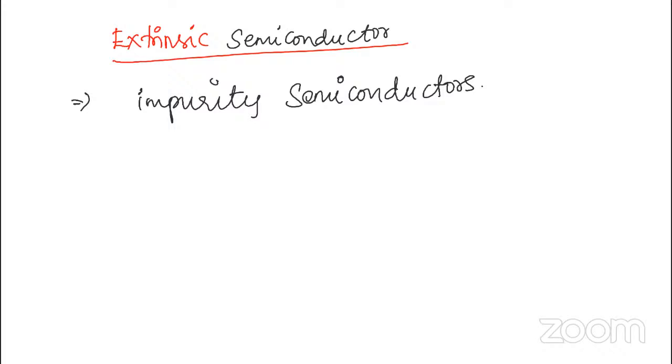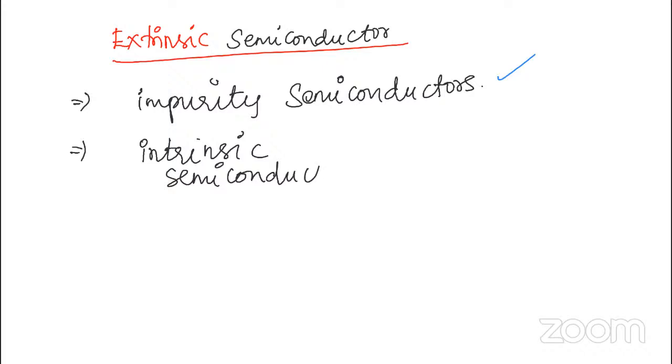So that is the concept. The extrinsic semiconductor is also called the impurity semiconductor. It means the intrinsic semiconductor is added with impurities. In our example, milk is the intrinsic one and the ink represents the impurities.